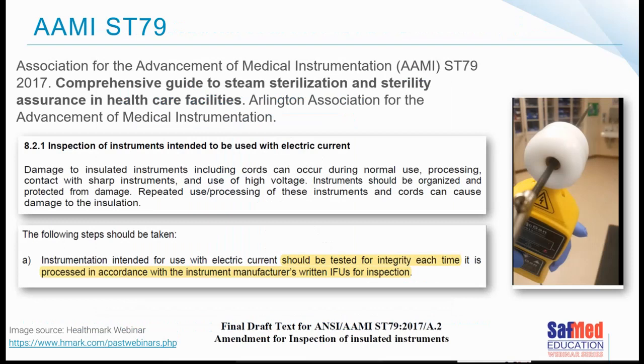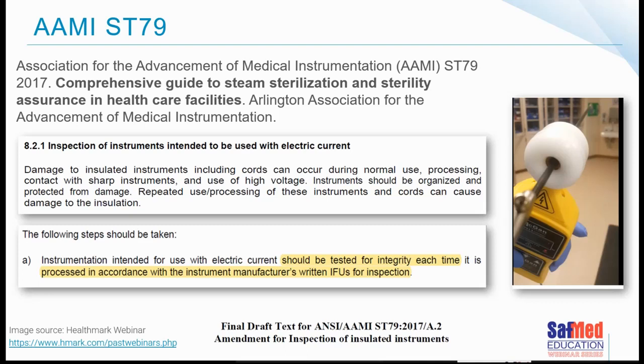Another additional update, now this is to AAMI ST79, so this is the American guidelines around steam sterilization and sterility assurance in healthcare facilities. And they haven't released a whole new document, so there's not a new document one can buy. They've just made a few amendments. So here's an extract out of one of those amendments. It talks also to diathermy.